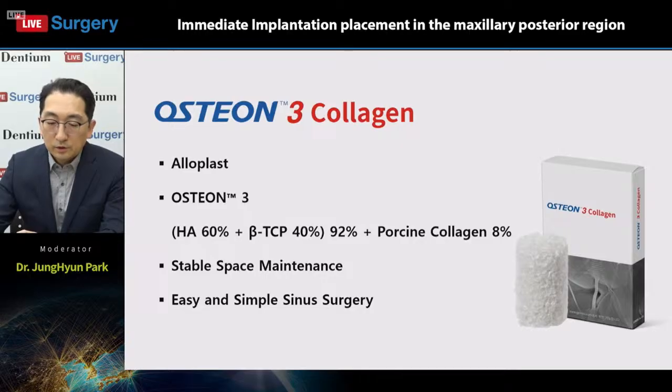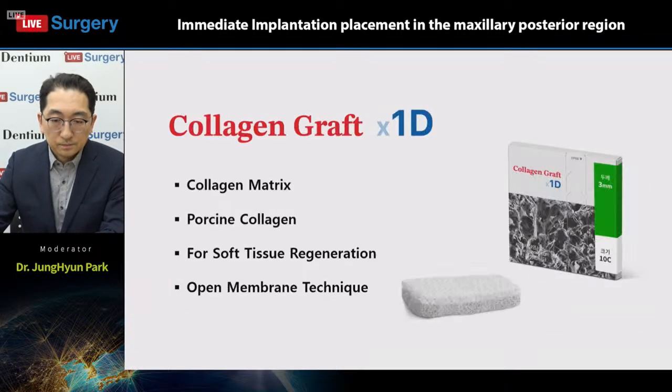The bone graft material is bound together with 8% collagen, which provides excellent handling properties. And I will also use a collagen graft in today's surgery. It is mainly used to fill the extraction socket with soft tissue when performing the open membrane technique or to augment the thickness of gingiva.